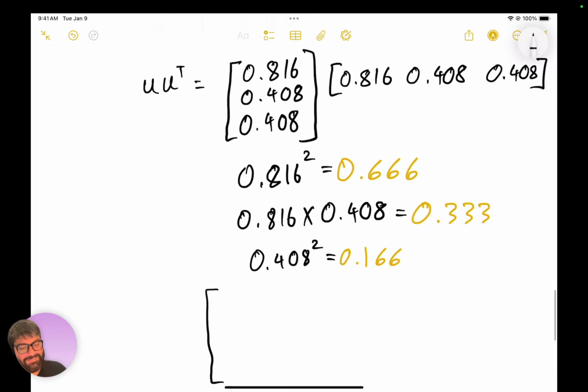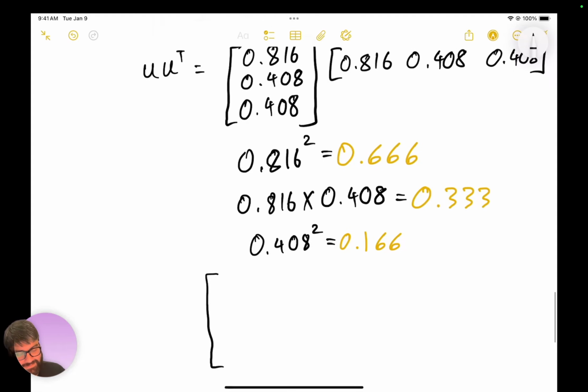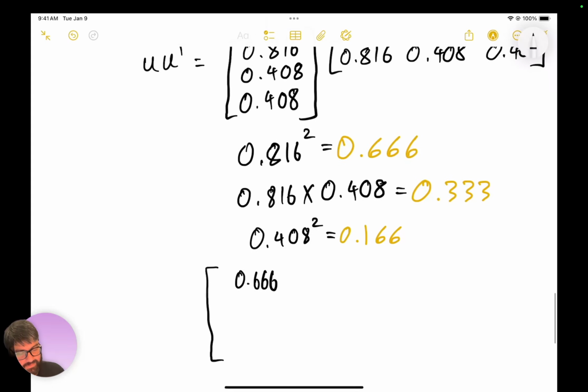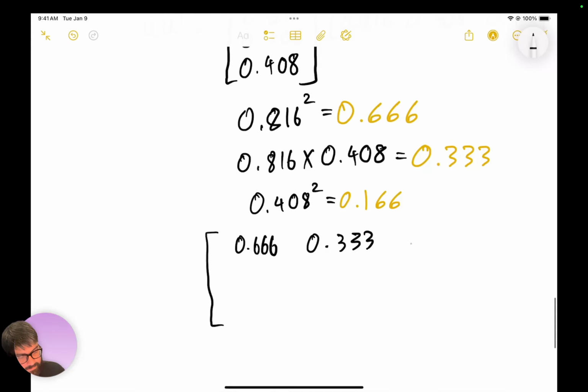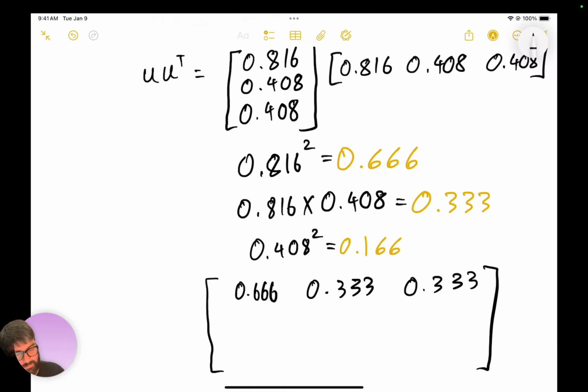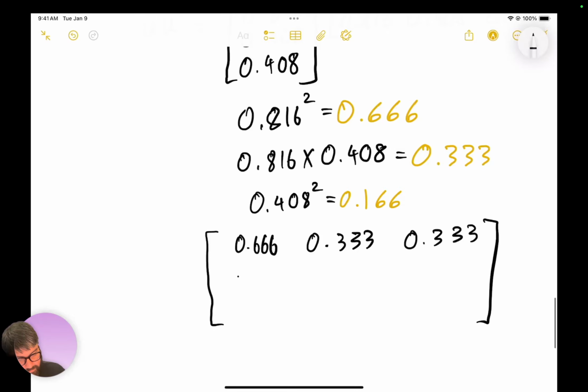That's fun. Okay, so 0.816 times 0.816 is 0.666, right? And then 0.816 times 0.408 is 0.333, and it's the same again, so 0.333. And then for the second row, it's 0.816 times 0.408, so it's 0.333.